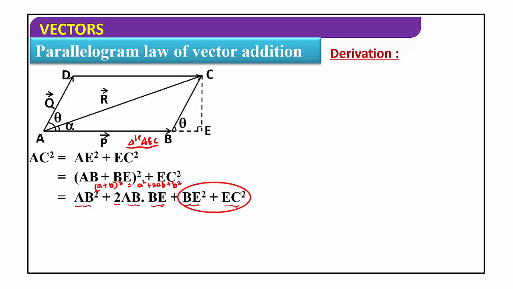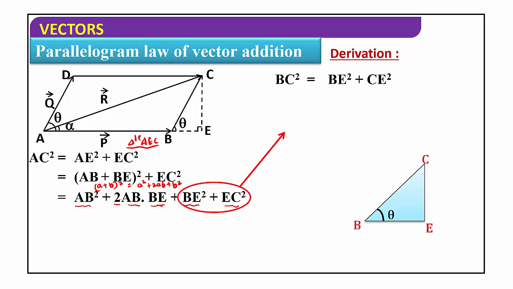You can observe we can consider one triangle here, that is the triangle CBE. So BE square plus EC square, in that place, see here, BC square is equal to BE square plus CE square, according to Pythagoras, from the triangle CBE.